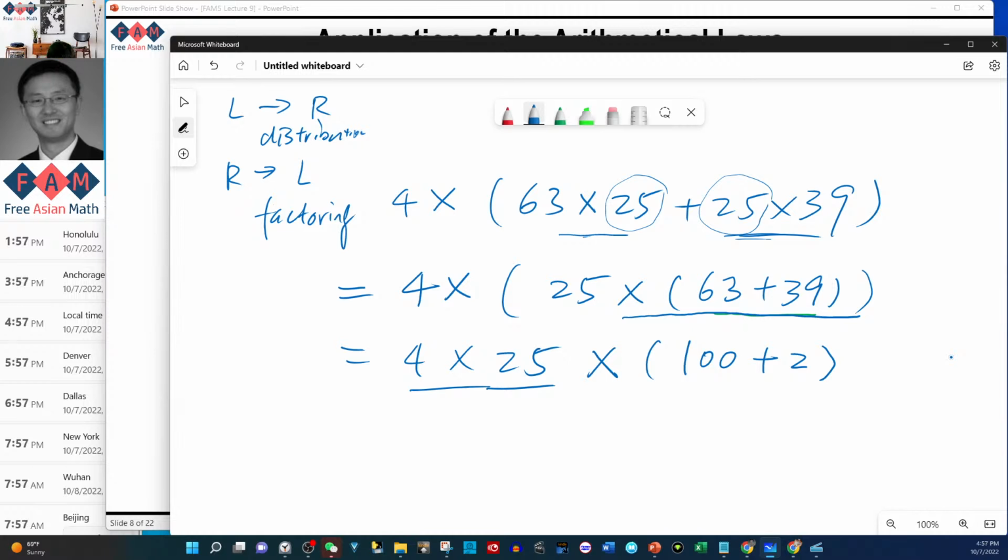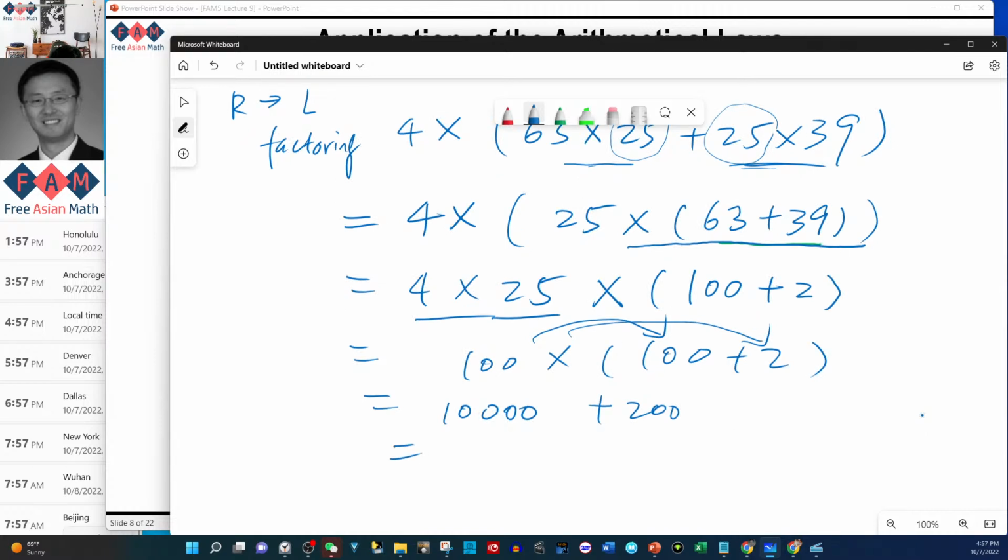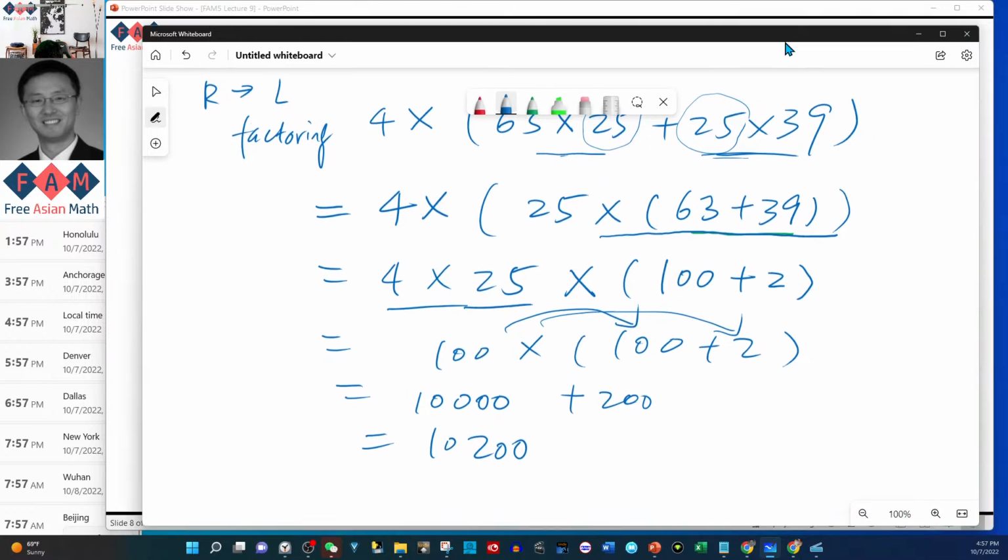So with the facts, 4 times 25, that's the 100. Now 100 times 100 plus 2, using distributive property right here. So 100 times 100, that's 10,000. And then plus 100 times 2, that's 200. Therefore, the answer is 10,200.